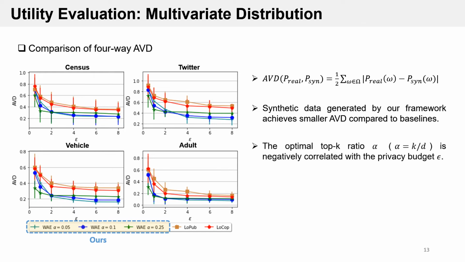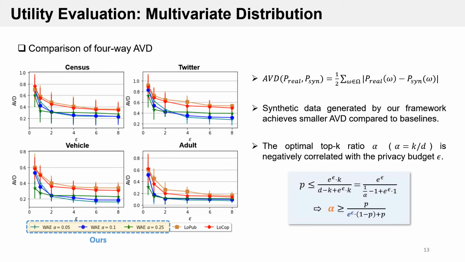Moreover, we find that for our framework, choosing different top K ratio alpha may slightly impact the data utility. According to the dimension selection probability, the alpha is inversely proportional to e to the power of epsilon. Therefore, the optimal choice of the top K ratio alpha is in general negatively correlated with the privacy budget.